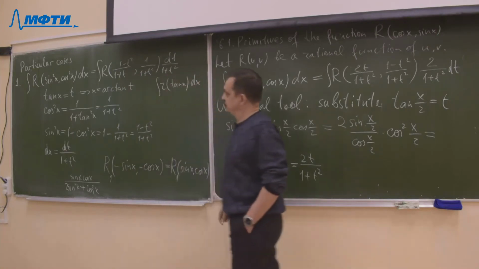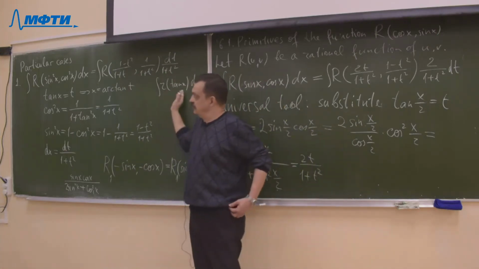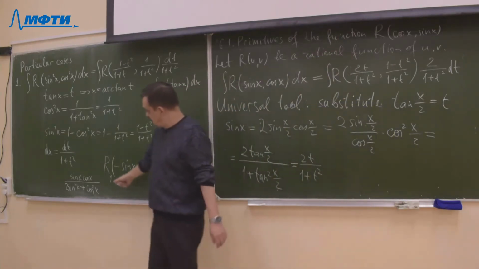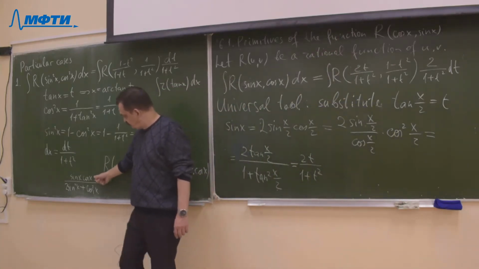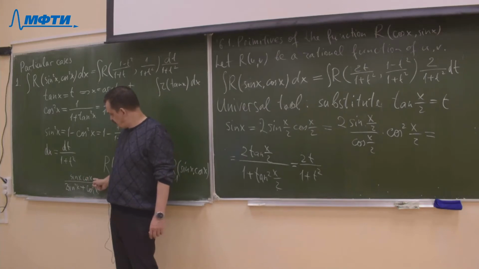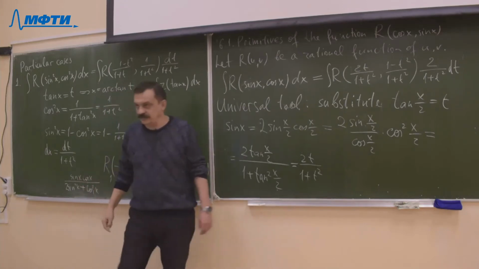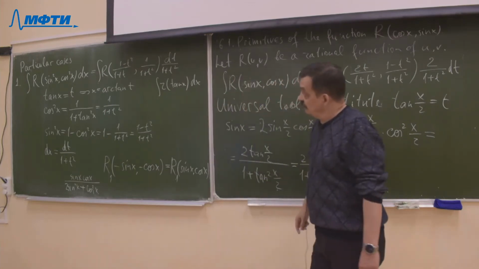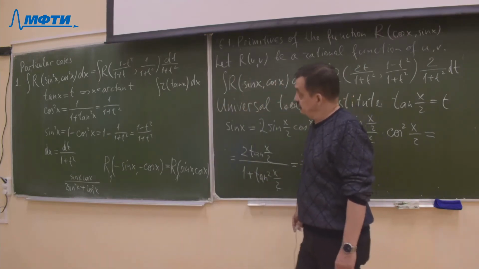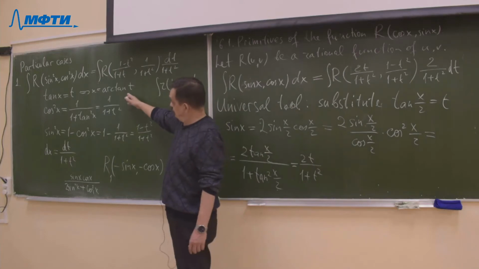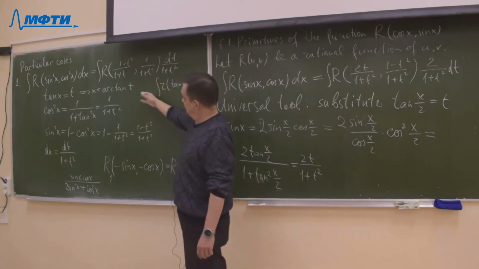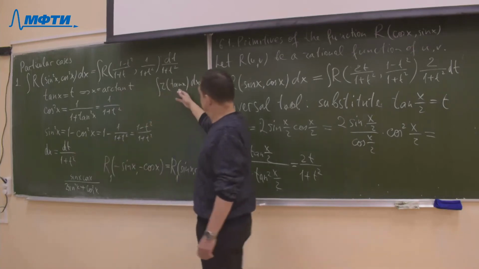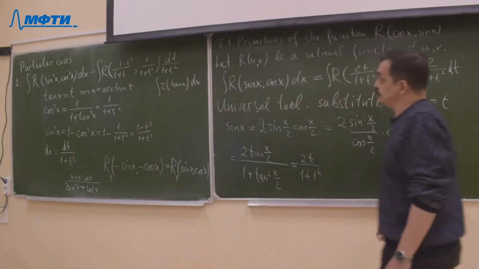That is also integrated this way, right? And this function is an example. If you divide by cosine squared, then you obtain a function of tan x. So this substitution also works, and it can be seen immediately, and you just substitute tan x.